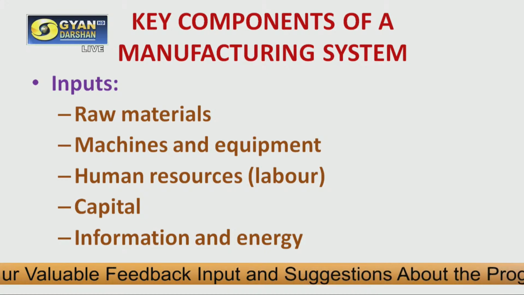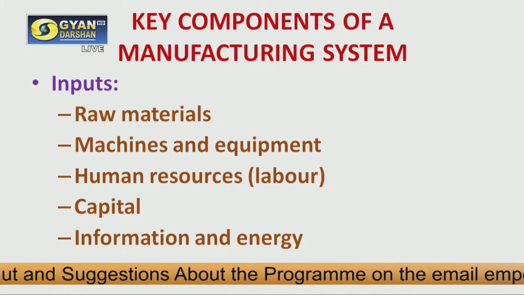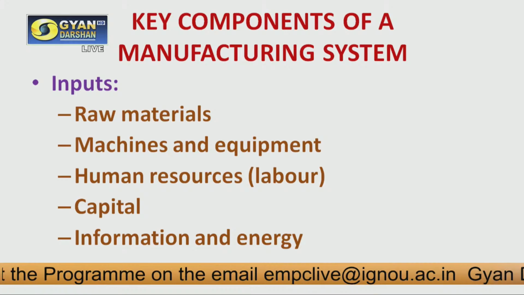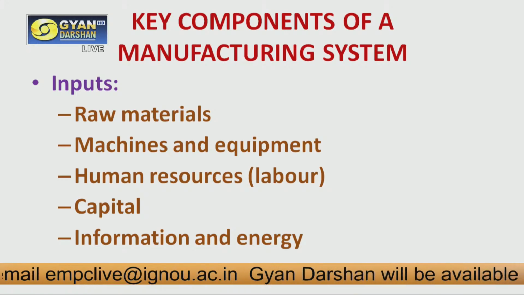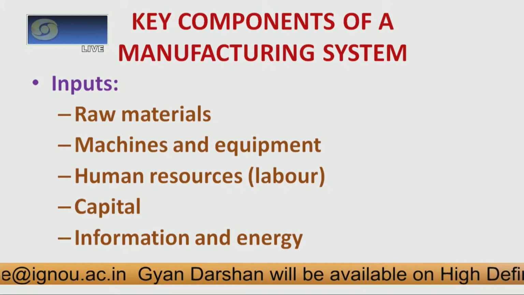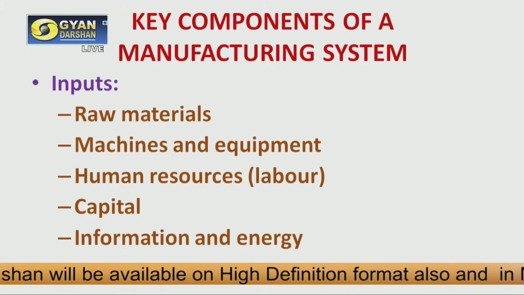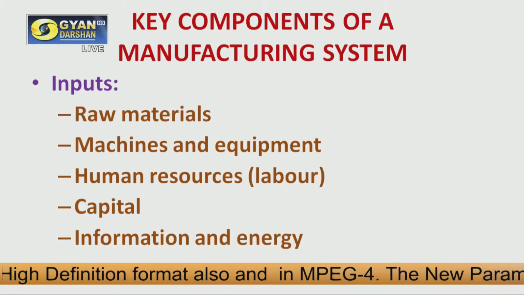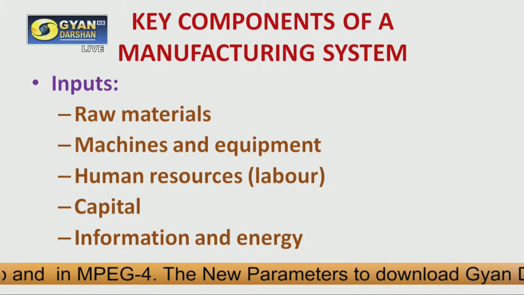Third one is the human resource or the labor. Different labor will be there: some will be at the worker level, some at the supervisor level, and someone at the managerial level. Capital is the fourth component of any input, where you will need some amount of money for the purchasing of raw material and for day-to-day work.